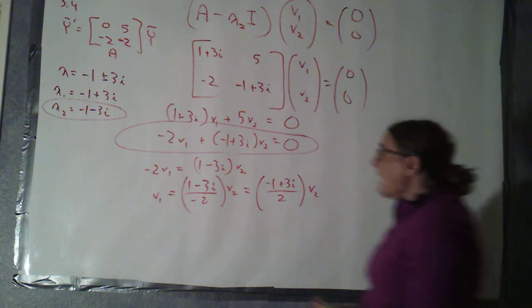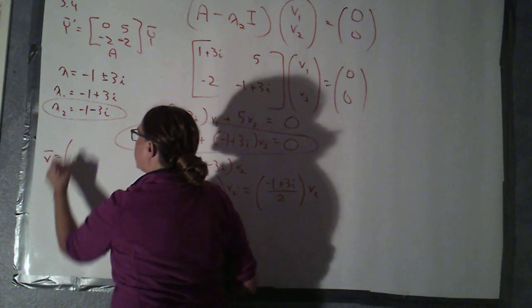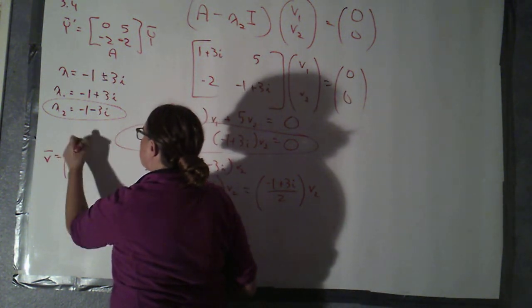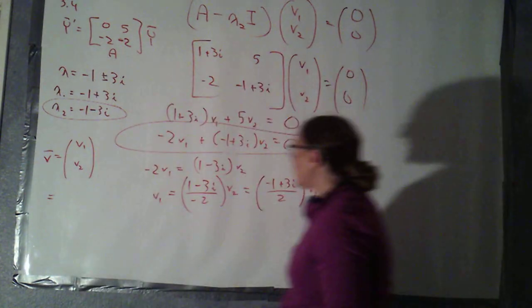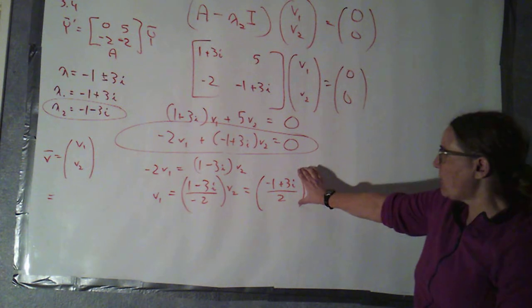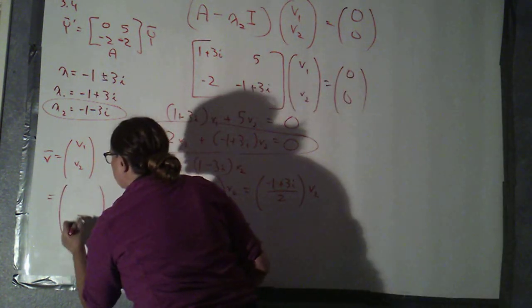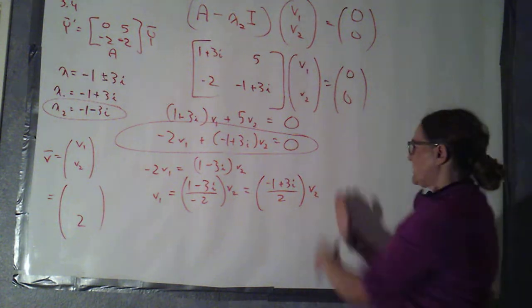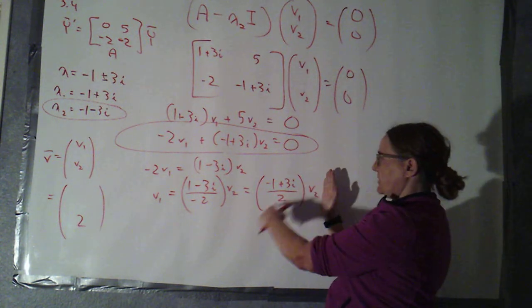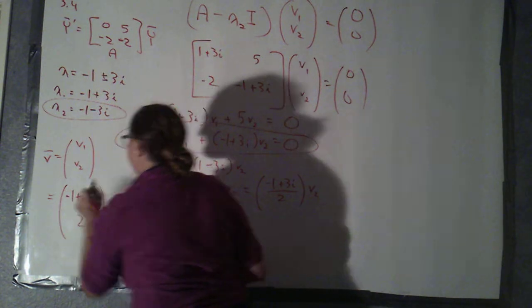So now I can find myself an eigenvector v, whose components are v1 and v2. I'm going to do that by just making a choice for what v2 is, and then I'll multiply it by that to get v1. I'm going to choose to make v2 2, because that way, if I multiply this by 2, the 2's cancel, and I'm just going to get a -1 plus 3i.